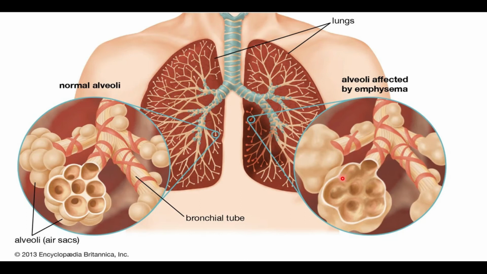Alveoli are small, thin-walled, very fragile air sacs located in clusters at the end of the bronchial tubes, deep inside the lungs. There are about 300 million alveoli, as we have already studied in the last lecture. In a normal lung, when we breathe in, the alveoli stretch and draw oxygen in and transport it to the blood. When we exhale, the alveoli shrink, forcing carbon dioxide out of the body.